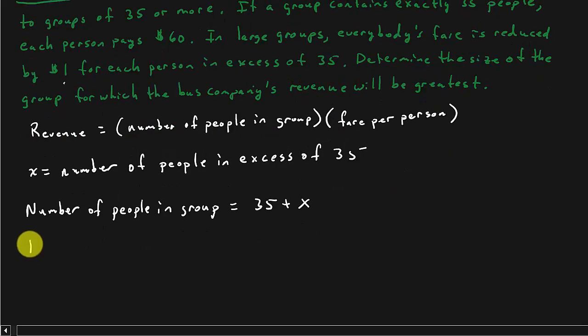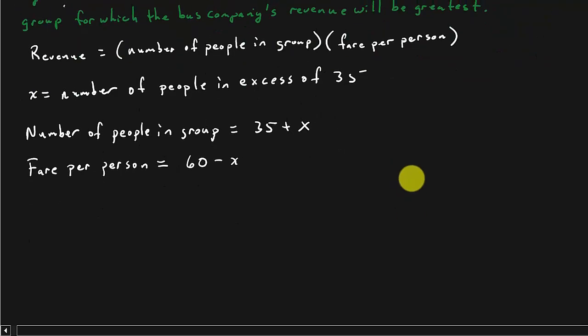And then the fare per person, well, it costs $60. And if we have one person extra, that's going to be 60 minus 1. If we have two people extra, that'll be 60 minus 2 because it's a $1 decrease for each additional person. So that would be 60 minus x.